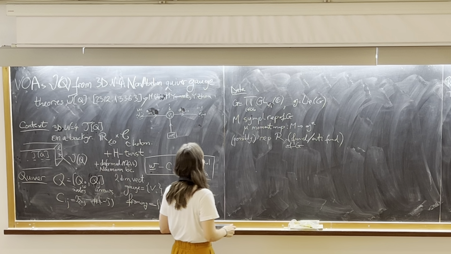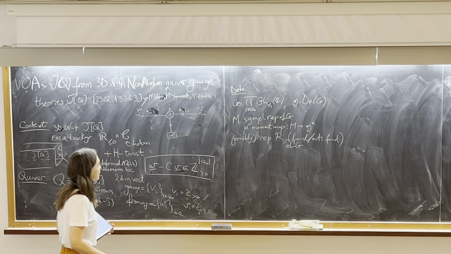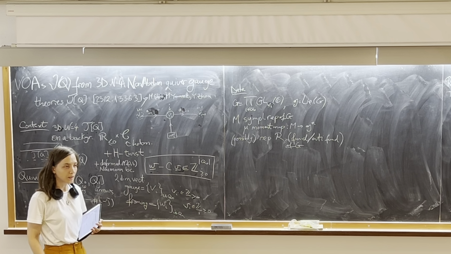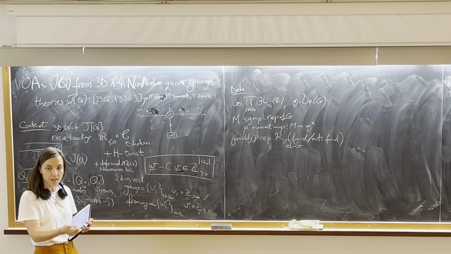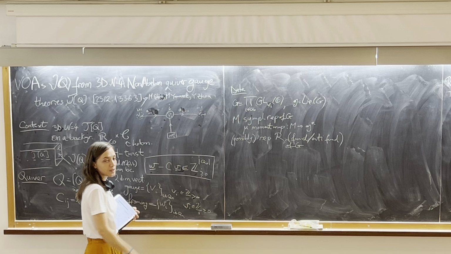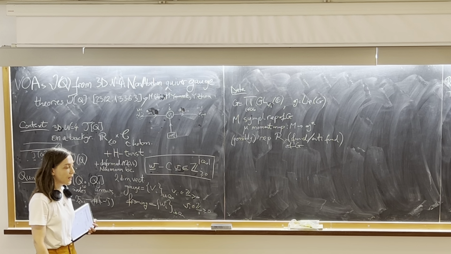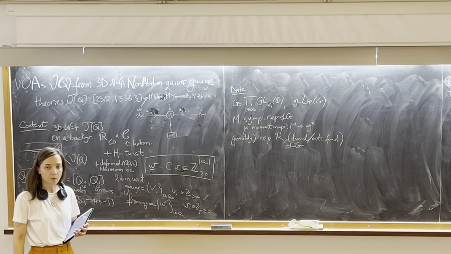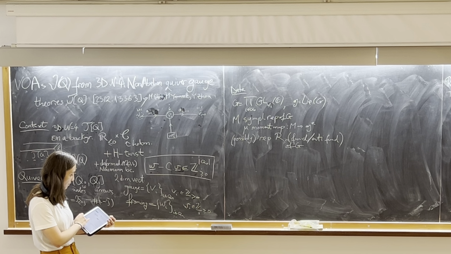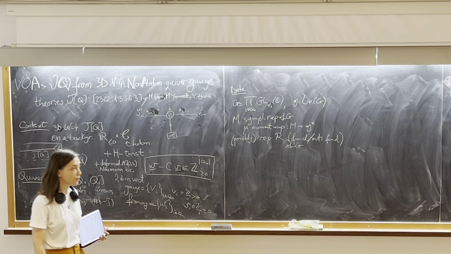So physically, the data that is associated to the quiver: there will be N=4 vector multiplets associated to the nodes, and there will be hypermultiplets associated to the arrows, plus whatever additional boundary fields need to be added to cancel any gauge anomalies.